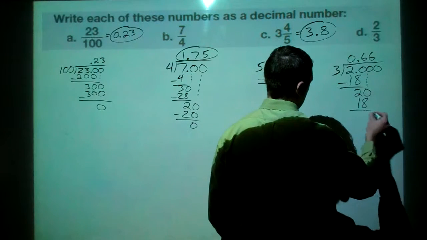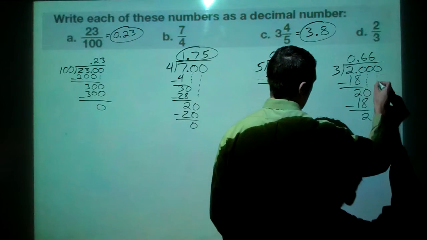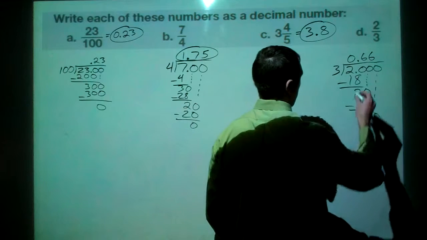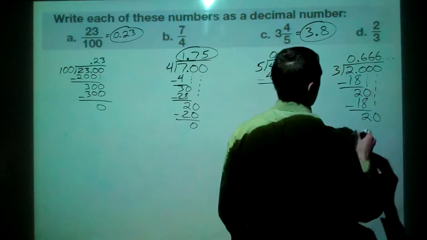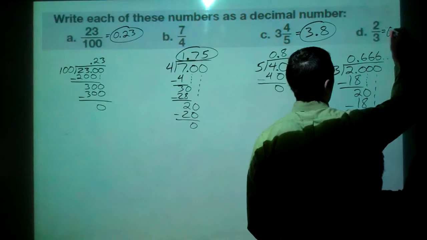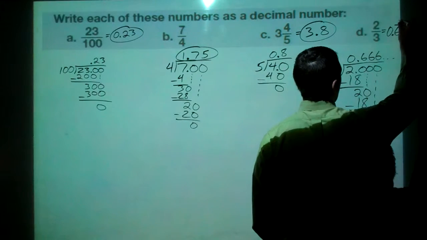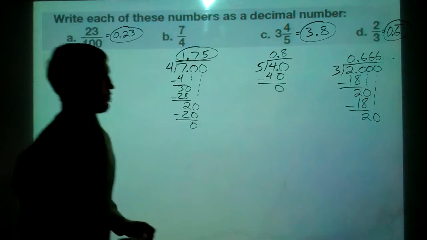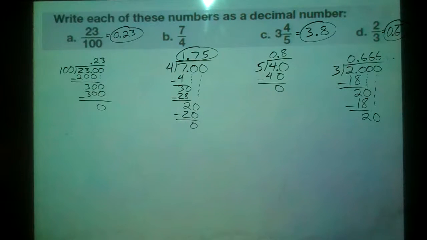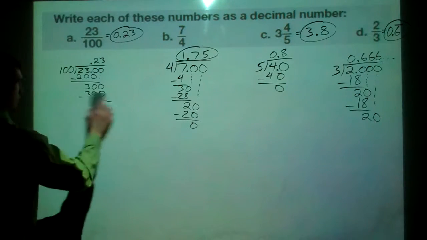And we're going to keep getting 18s and 20s. So we should see that this one will be 0.6 repeated. So the 6 is going to repeat forever. We're getting close on the time there. That's how we do all those.